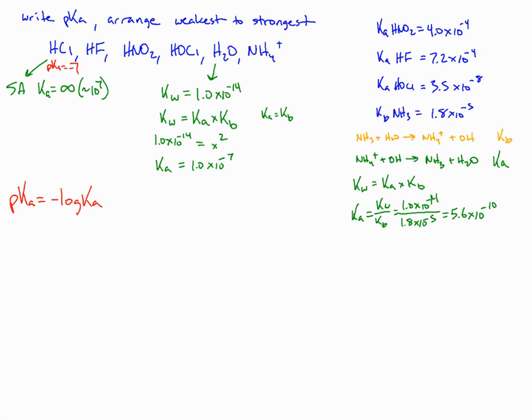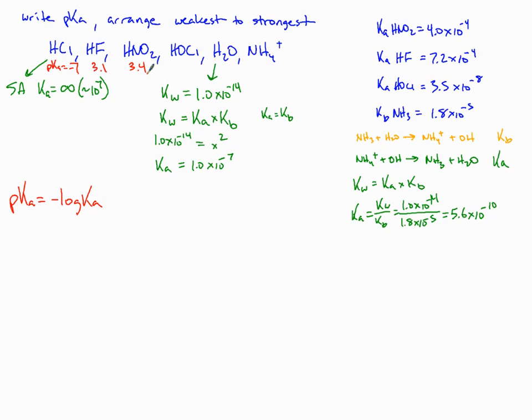HF, we have a Ka, so the negative log of 7.2 times 10 to the minus 4, and we get 3.1. HNO2, nitrous acid, we have 4 times 10 to the negative 4th power, 3.4.